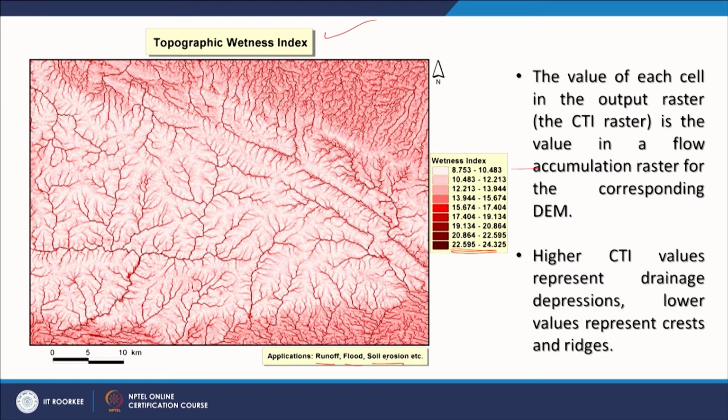Higher CTI or TWI values represent the drainage depressions. Obviously, these are the drainage lines shown here in dark maroon color. Lower values represent the crests or ridges, as you can see if I draw here, and roughly these are the ridges which are here.